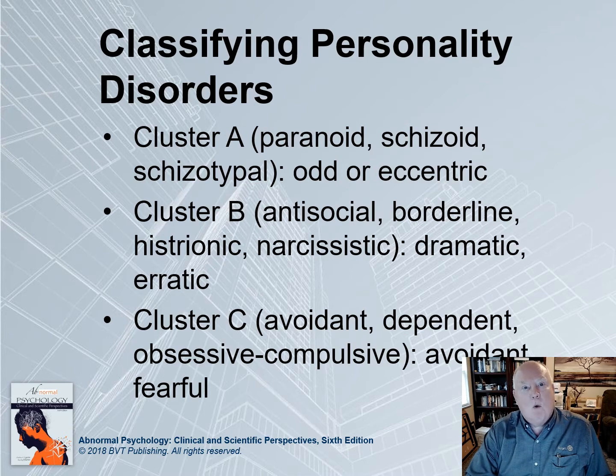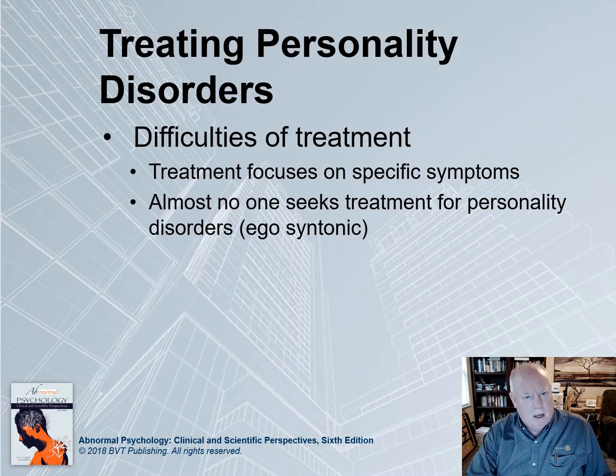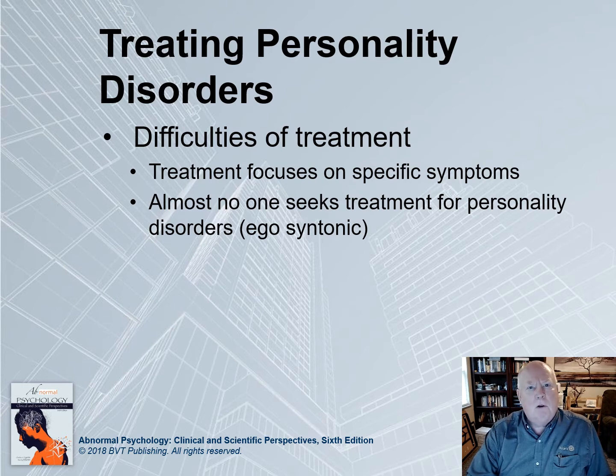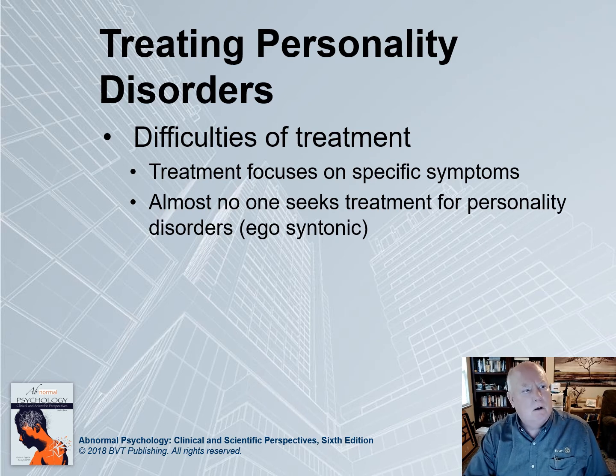Now, I mentioned that personality disorders started out on Axis 2 because they were largely egosyntonic, which meant people don't come into therapy to have their personality changed. To them, it's just who they are. So some people, for example, tend to be anxious.